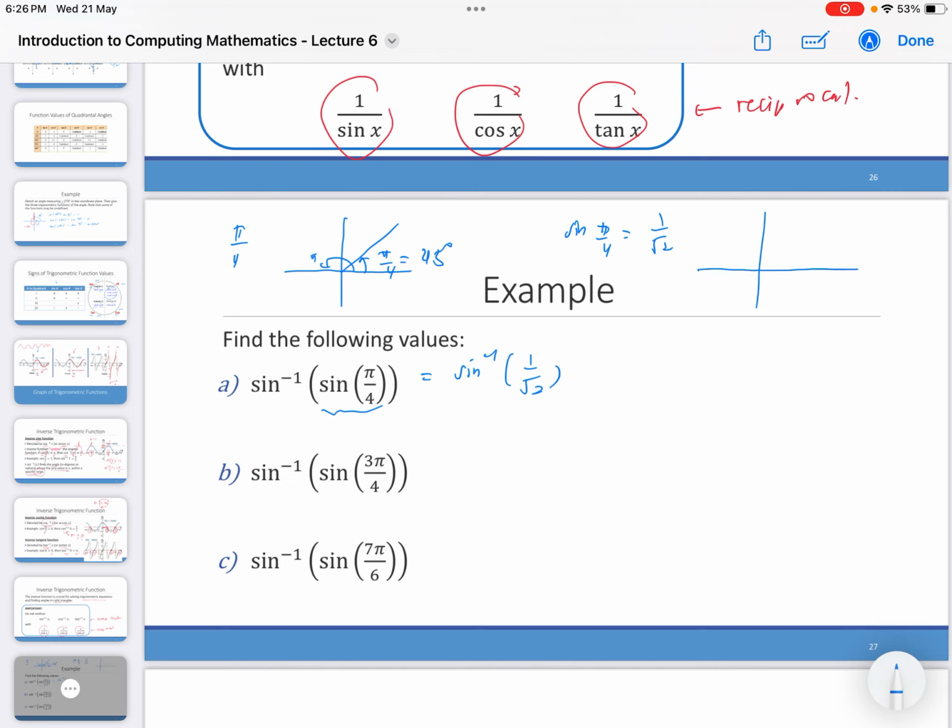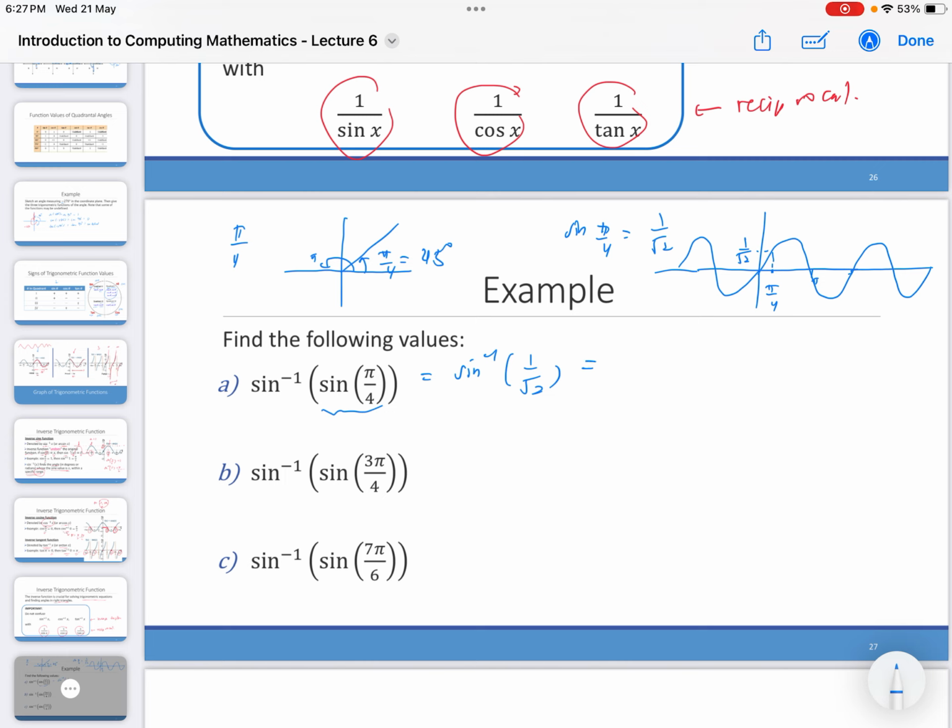Let's draw the sine function. We have this one, and then again this one, and again like this. Let's say this one is pi, and pi over 4 is somewhere around here. So pi over 4 gives 1 over root 2.